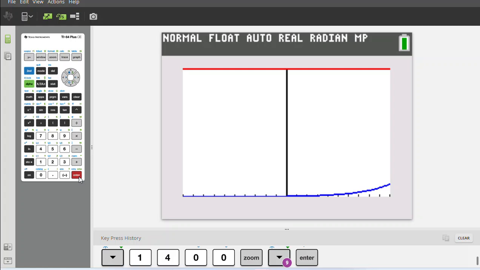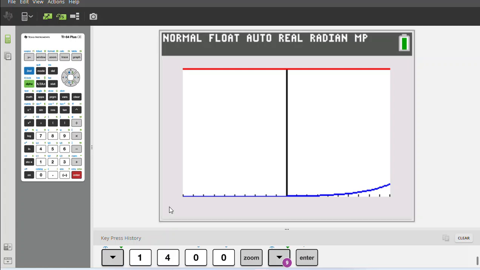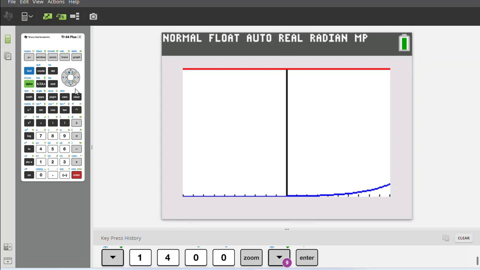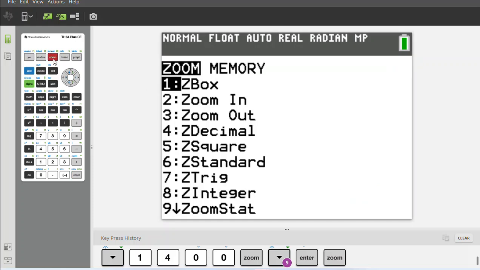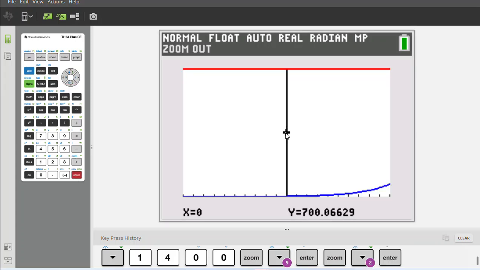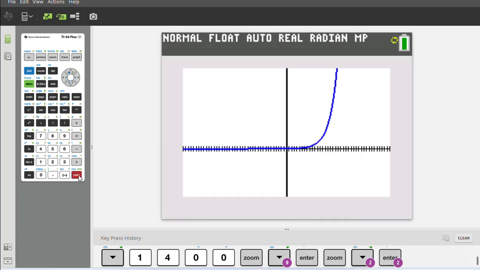Yeah, zoom fit totally did not work. You see that? I've got one down here and one over here. Zoom out, you said? We'll try it. Zoom out. Oh, that did work. I did zoom fit first and then I did zoom out, but you just basically want to see where they cross, right?